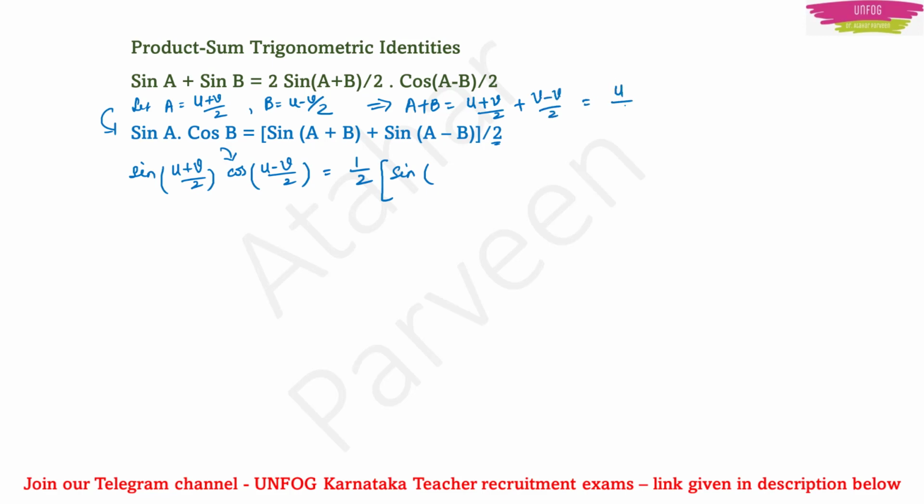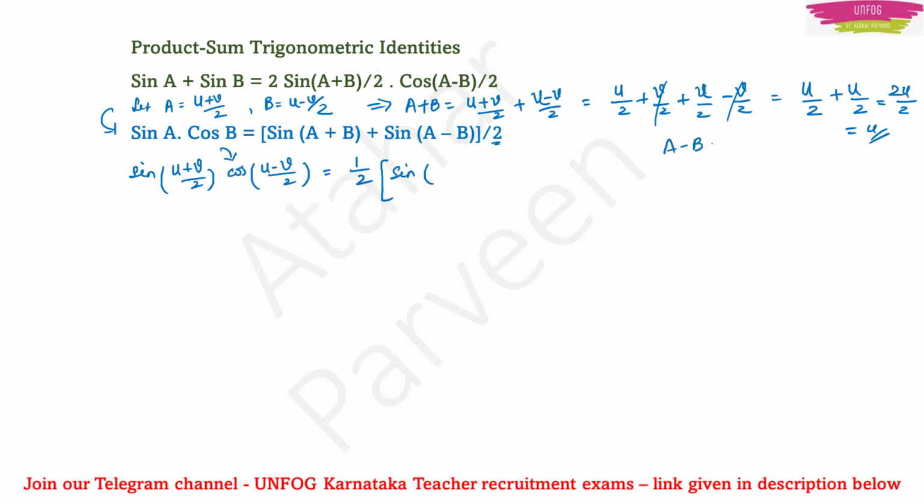If you want to split it, U by 2 plus V by 2 plus U by 2 minus V by 2. The V by 2 terms cancel and you have U by 2 plus U by 2, which gives 2U by 2, or U. So your A plus B will become U.